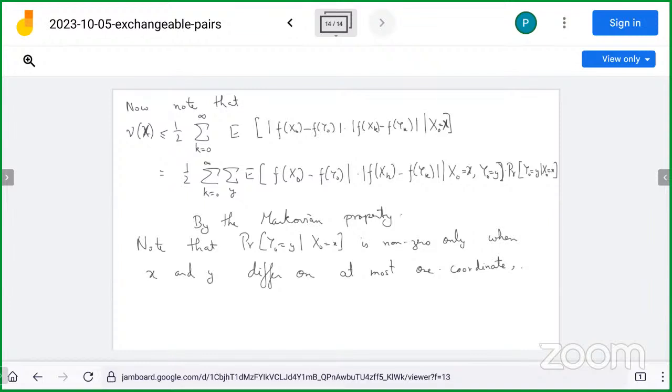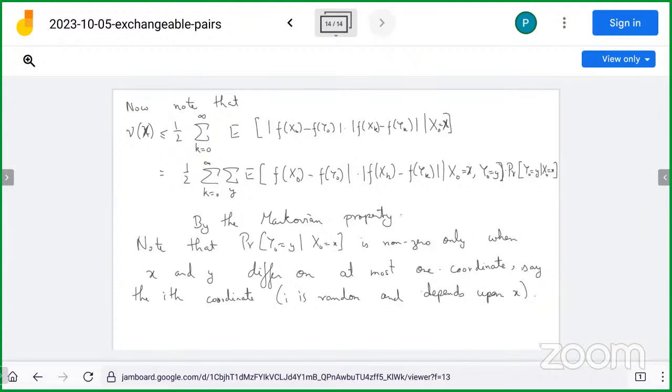Say the ith coordinate. That i of course is a random coordinate, and i is random and depends upon x. Isn't it independent of x?